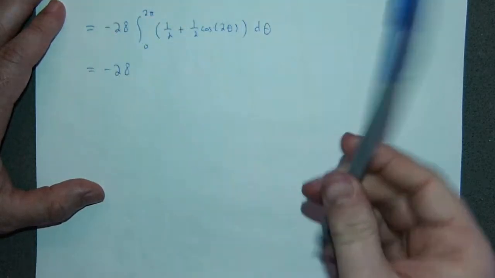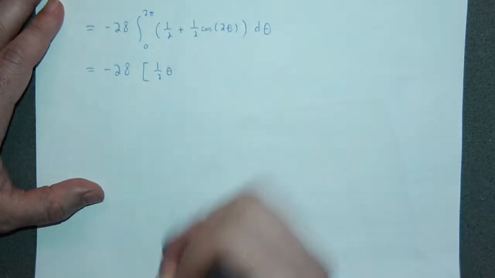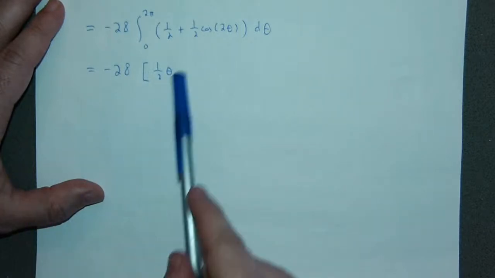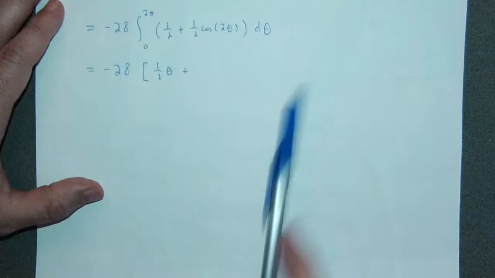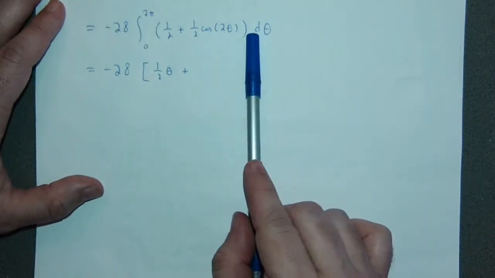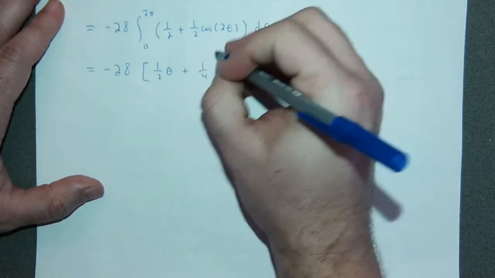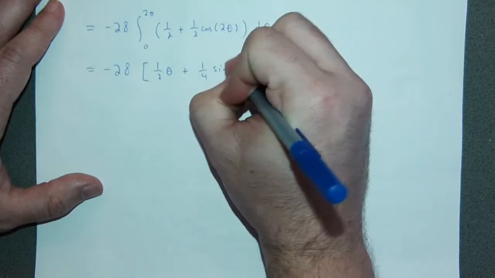Doing this integral, what do I get? I get 1/2 theta, right? So the integral of 1/2 d theta is 1/2 theta, plus 1/2 times the integral of cosine 2 theta d theta. I would need a 2 d theta there, so I need to introduce another 1/2 on the outside. So this is plus 1/4 sine of 2 theta.